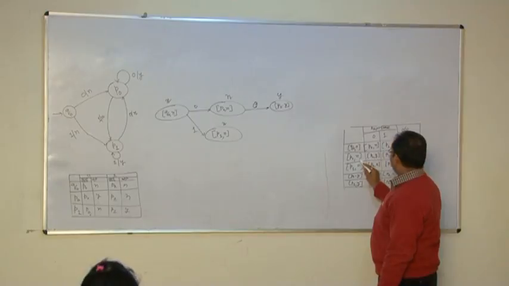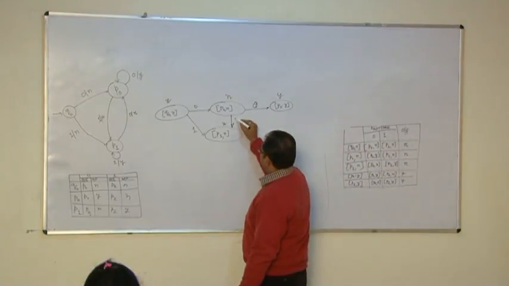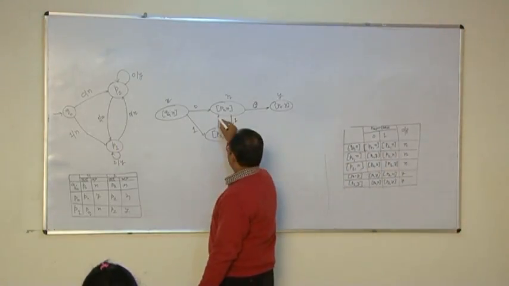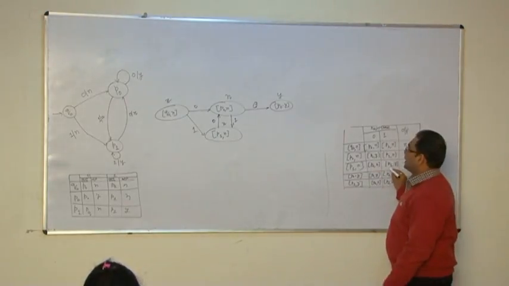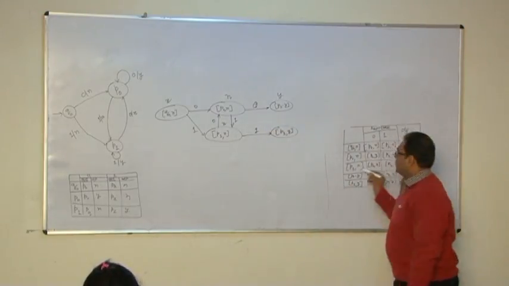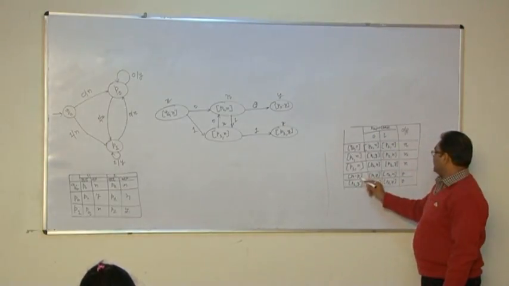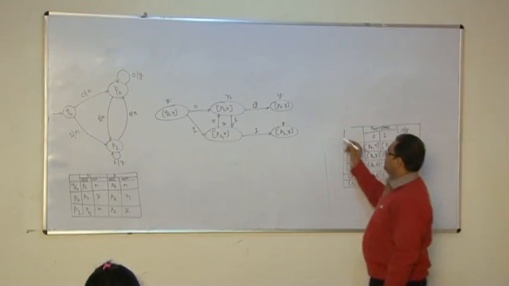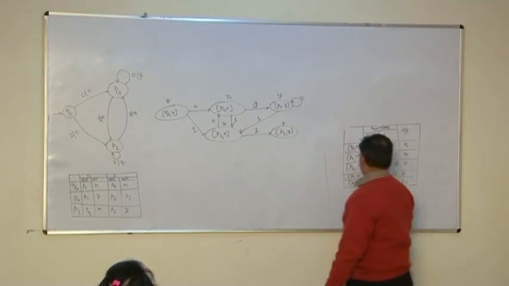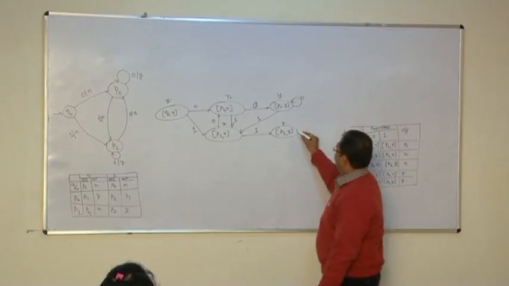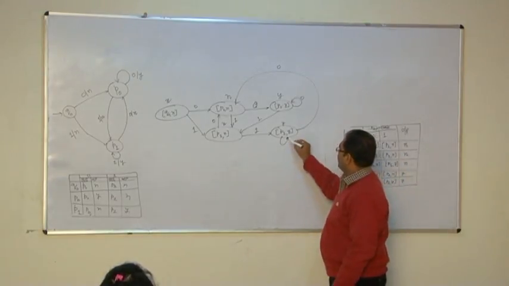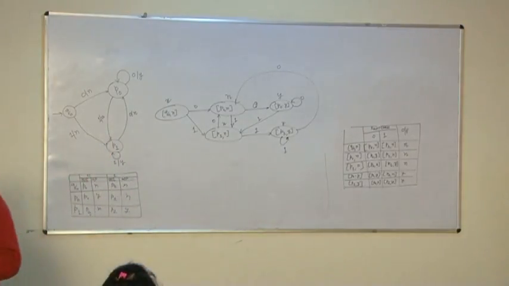Then P node N, 1, it is P1 N. Then for P1 N, P node N, then P1 Y, and output here is Y. Then P node Y goes to P node Y only, and then P1 N. P1 Y, P node N, and then P1 Y. This is the Mealy machine.